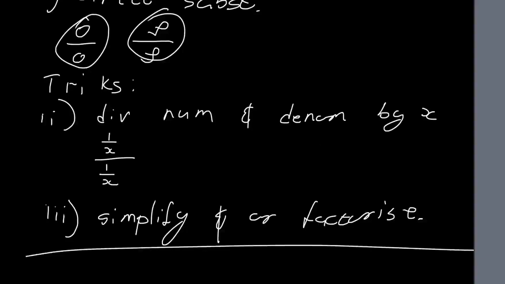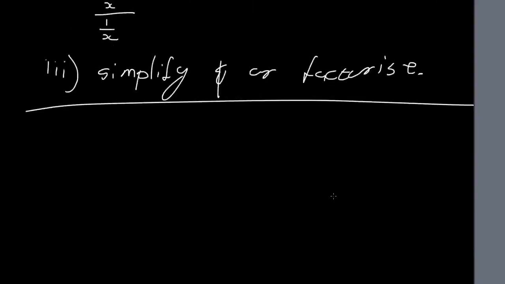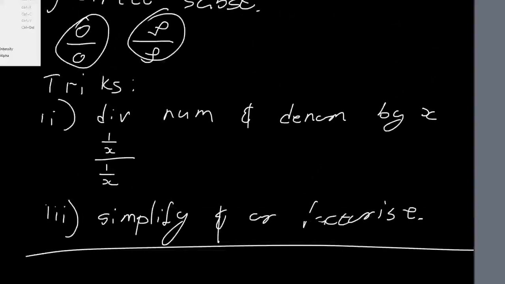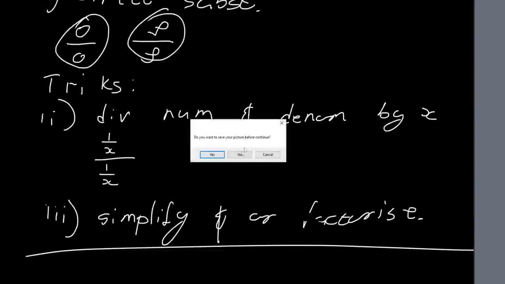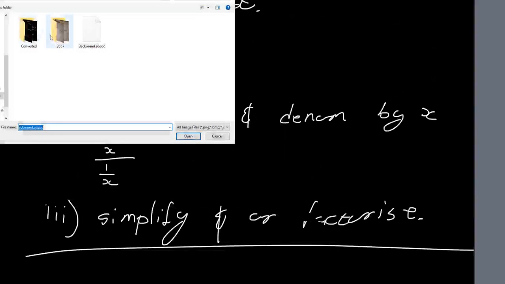Next we're going to go on to the gradient of a curve. So let's open up a new page for ourselves here, and we're going to move on to section 6.2, gradient of a curve.